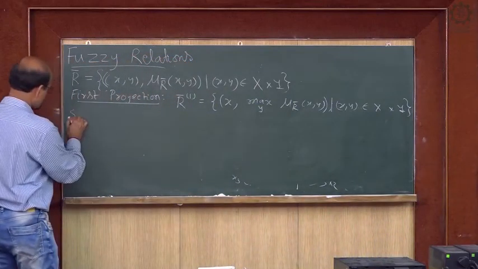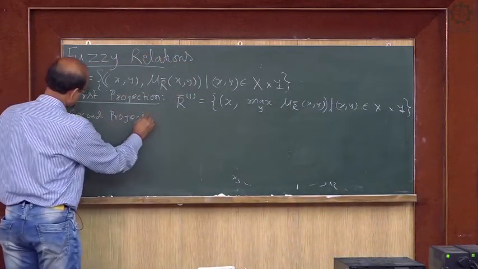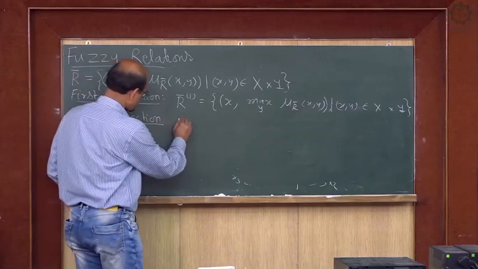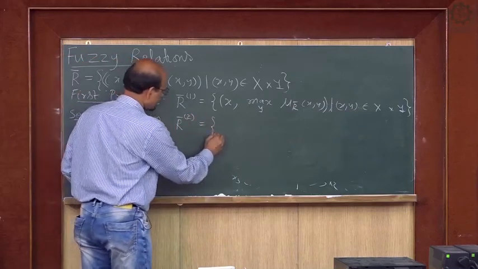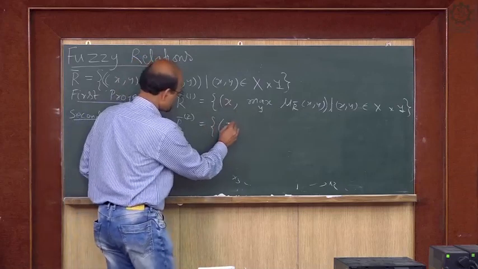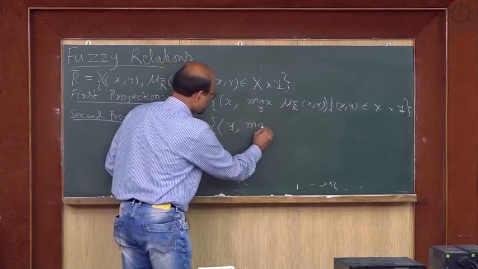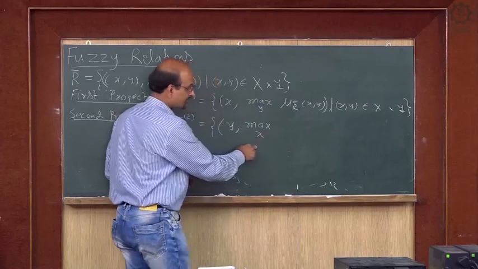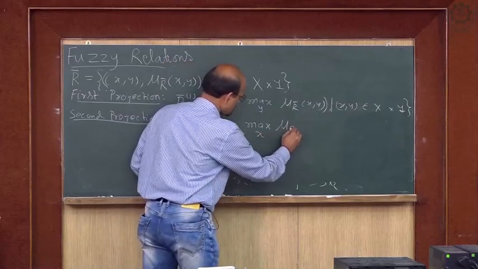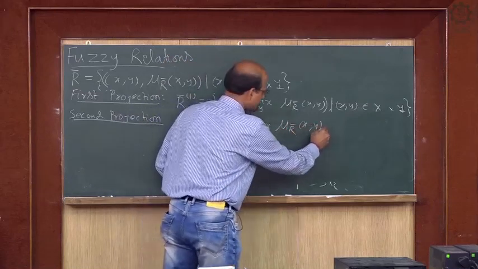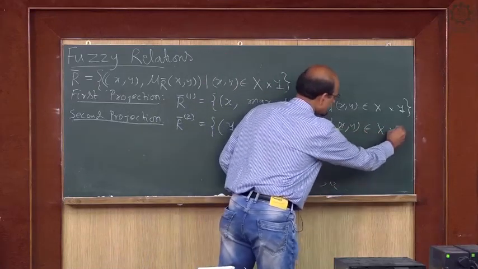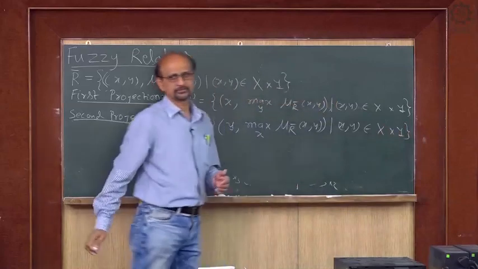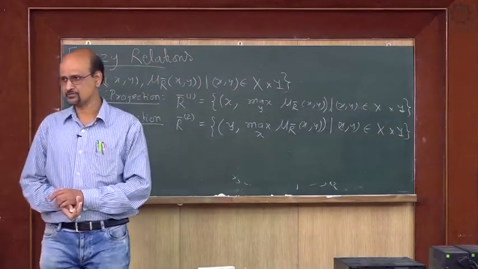Second projection, similarly, we denote by R bar 2, and now this is just the alternate. This is y, comma, maximum over x of mu R bar (x, y), such that (x, y) belongs to X cross Y. This is your second projection.